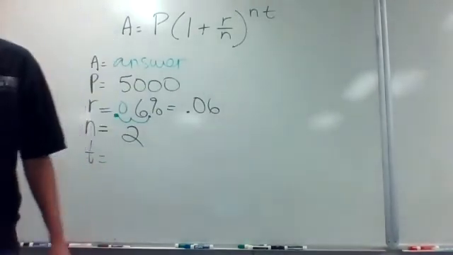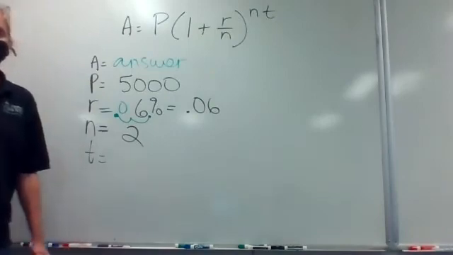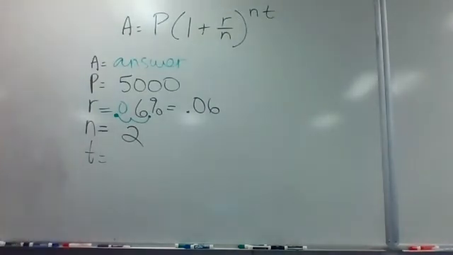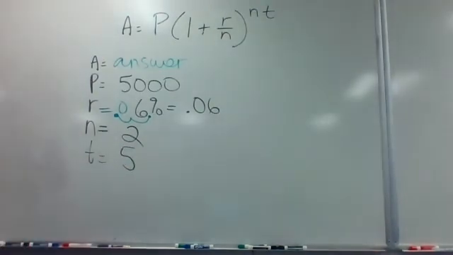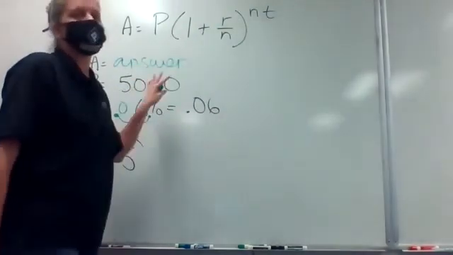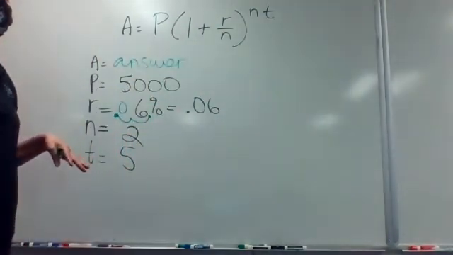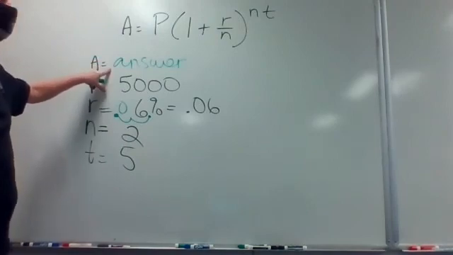So she got it on her 6th birthday. It matured on her 11th birthday, which means how many years has it been invested? Right, it's been invested 5 years. From her 6th birthday to her 11th birthday. So let's plug all this in to see how much money she has on her 11th birthday.